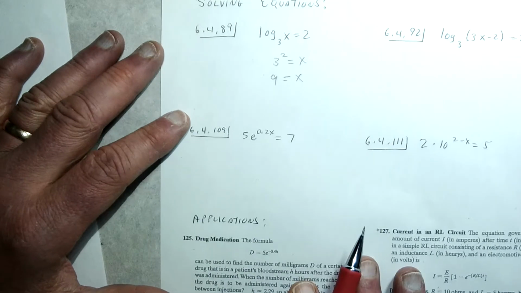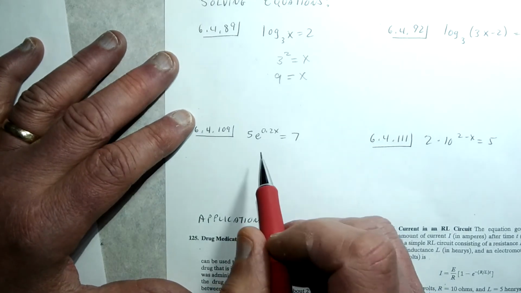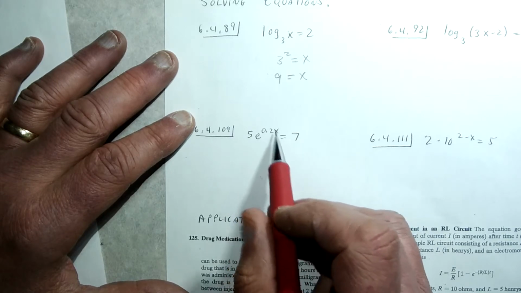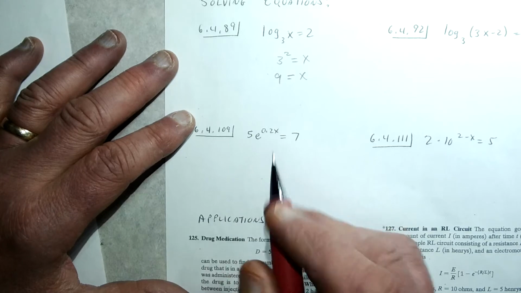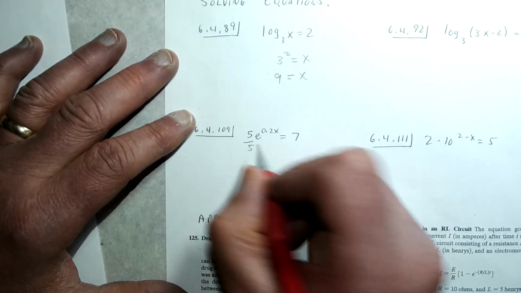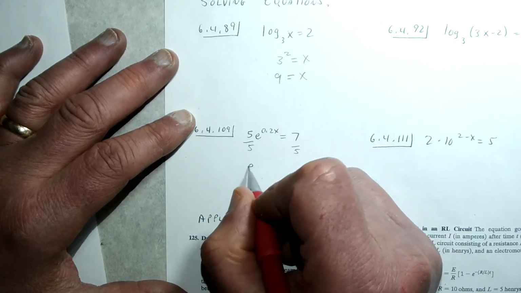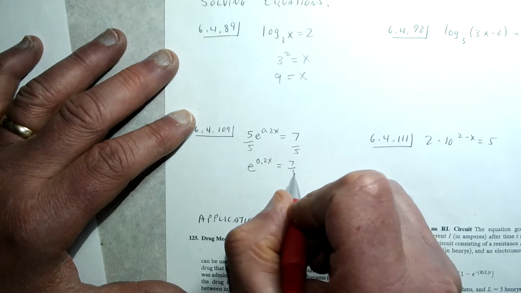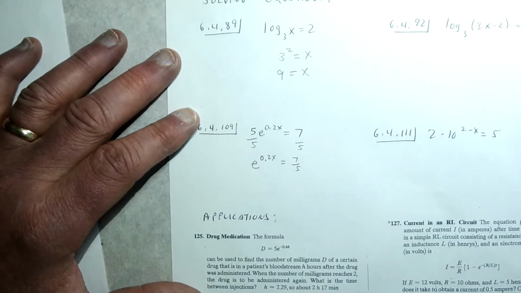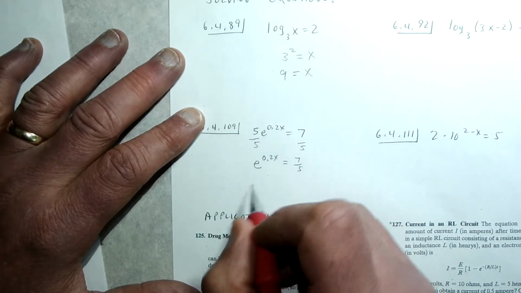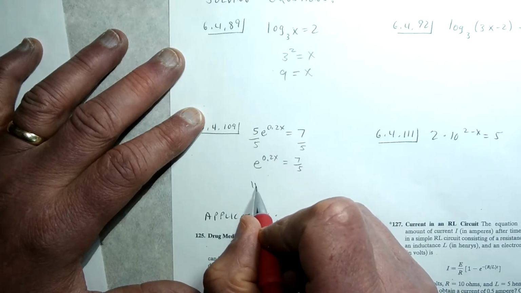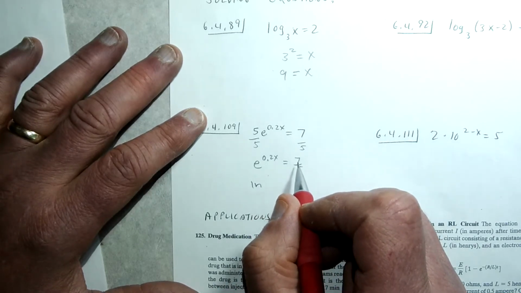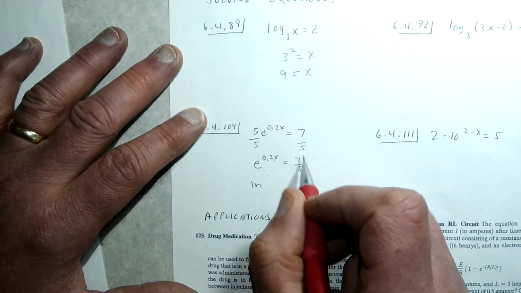Let's try another one. By the way, when I go to do this problem, I'll isolate the exponential piece of this. So I'm going to divide by 5 here. So I have e to the 0.2x is equal to 7/5. Now I'm going to go to logs, and I'll say the natural log, since I have a base of e, of, and by the way, what I'm taking the log of is the output to the exponential, right?